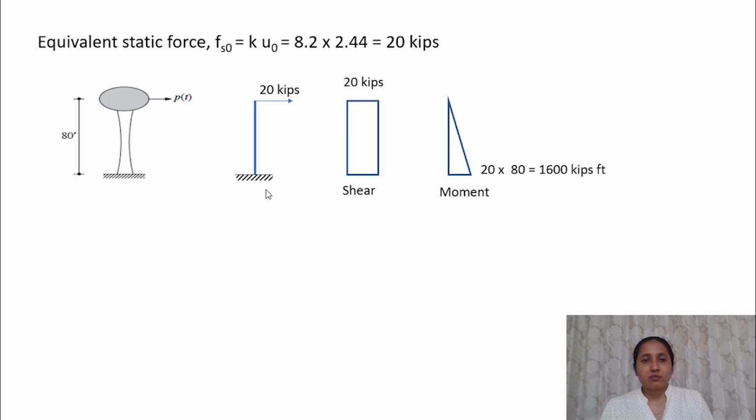So during the second pulse force, the equivalent force acting on this system is 20 kips. The base shear will also be 20 kips and the base moment will be 20 times 80, that is 1600 kips feet.